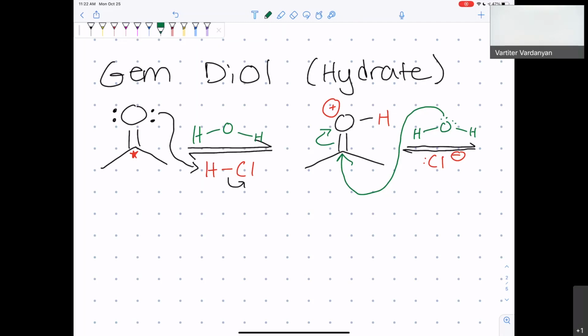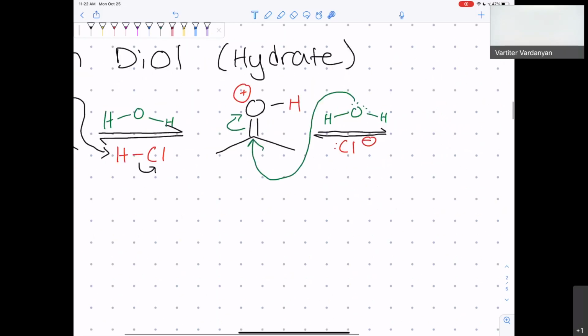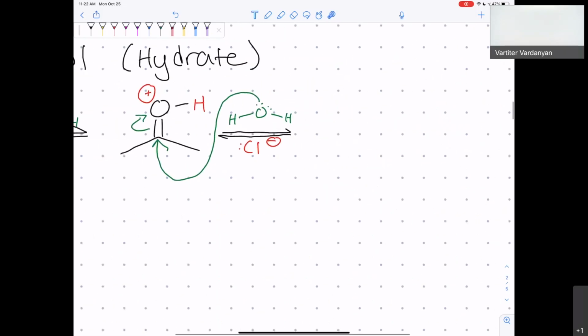One, it's actually going to be a more nucleophilic atom because O is more electronegative than Cl. And then also, chlorine is a better leaving group than OH is. So if we added chlorine here, it could just leave again. It's less stable.